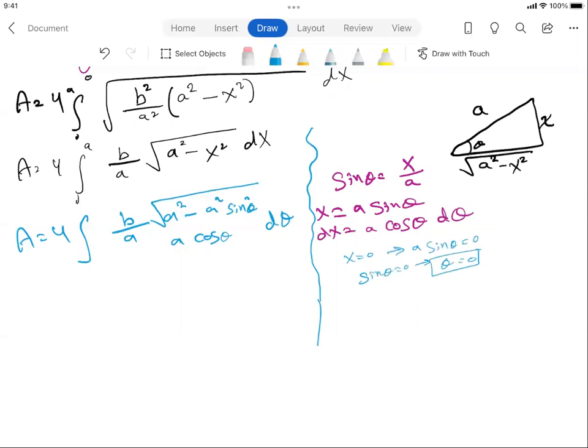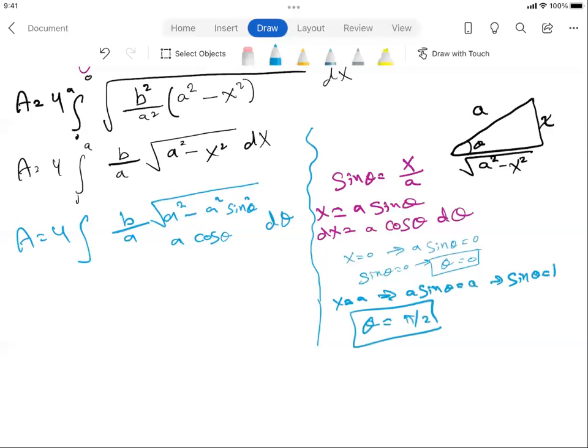That's the first limit. And when x equals a, then a sine of theta equals a, then sine of theta equals 1, then simply theta equals pi over 2.